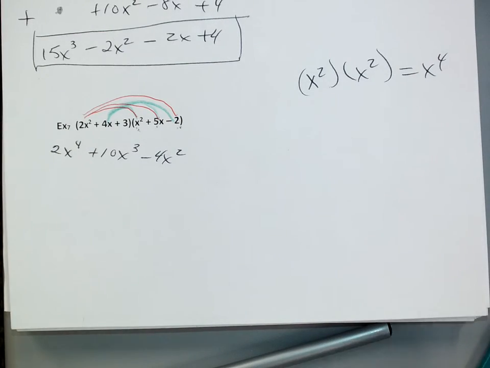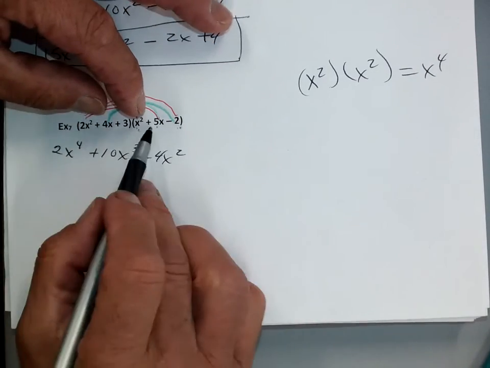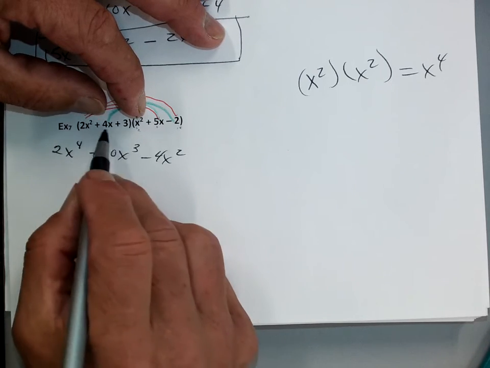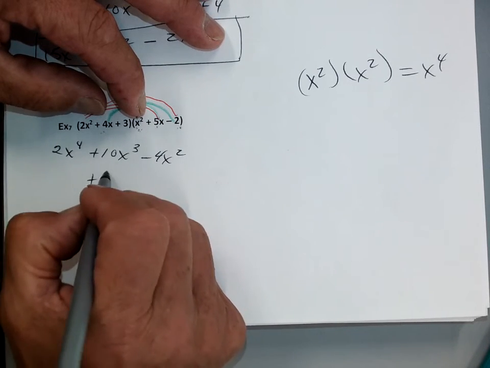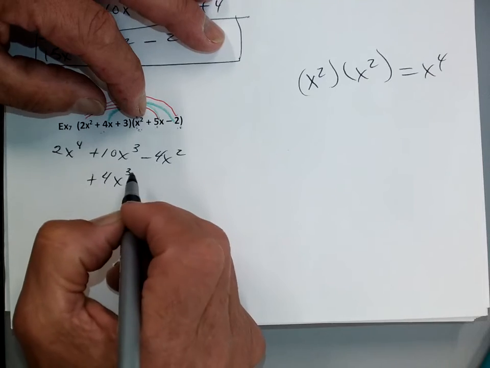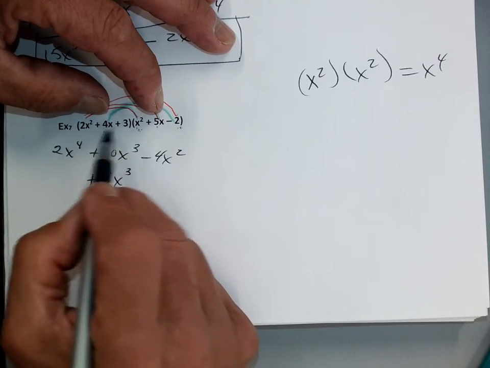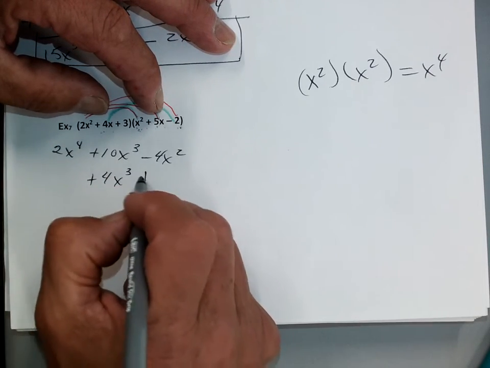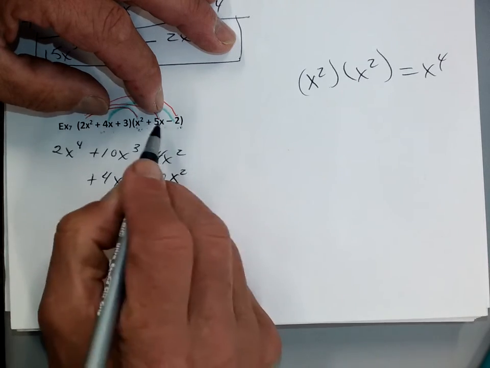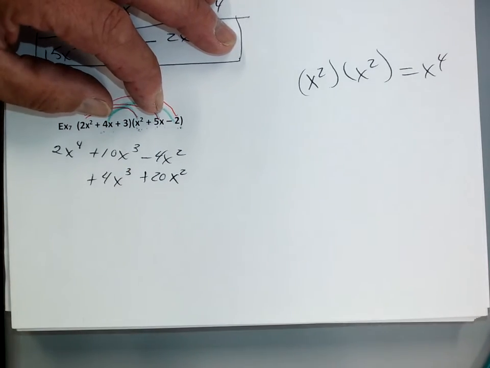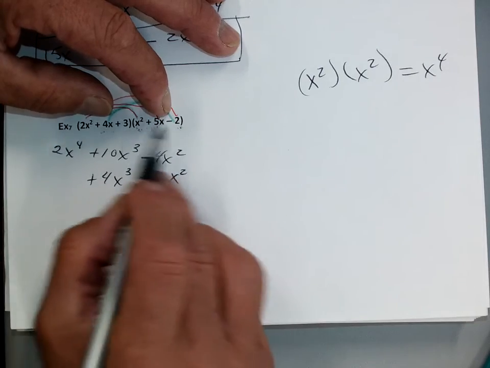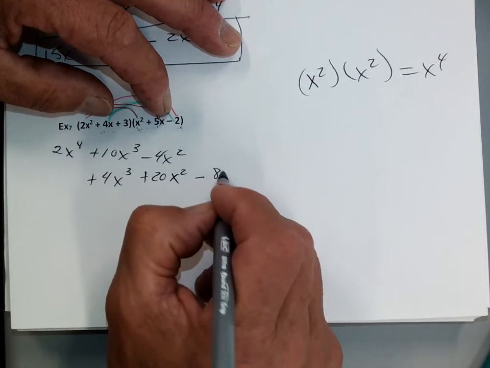So 4x times x squared makes a 4x cubed. Let's put that right there. 4x times 5x makes a positive 20x squared, because x times x, we'll put it right there. And then finally 4x times a negative 2, that's just going to be a negative 8x.